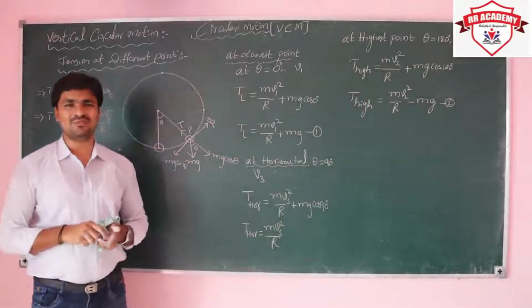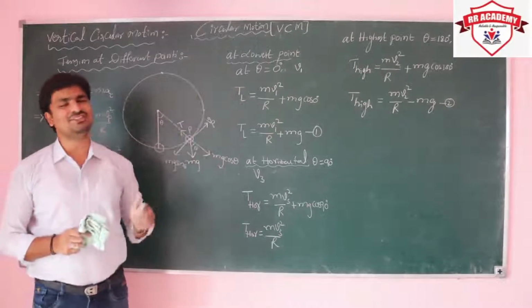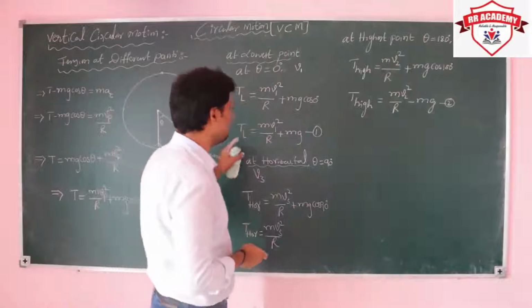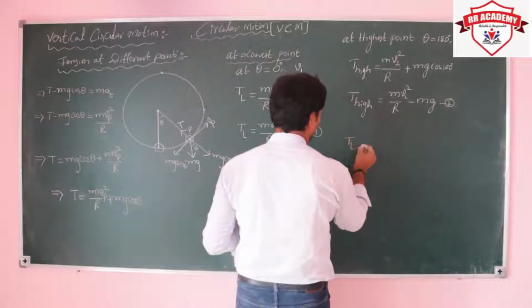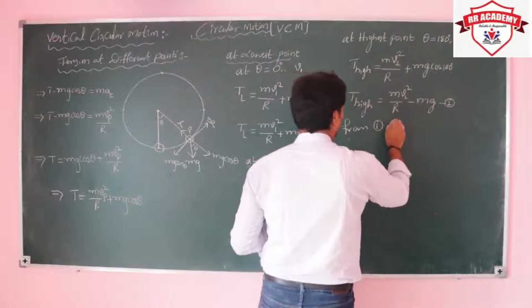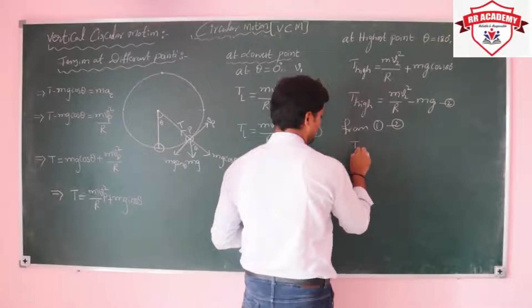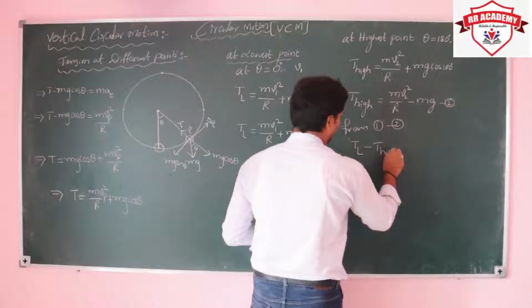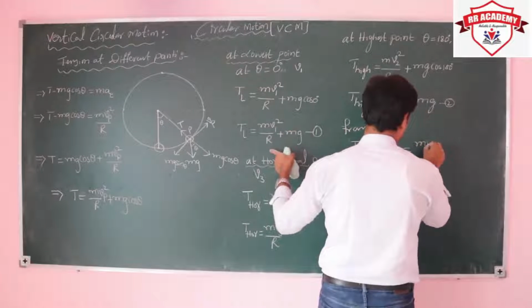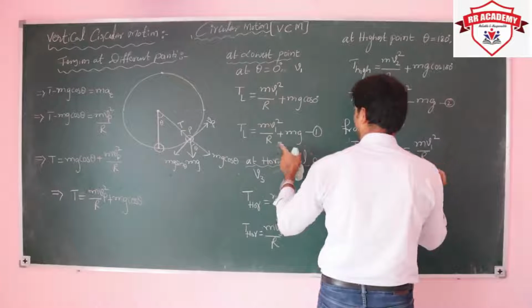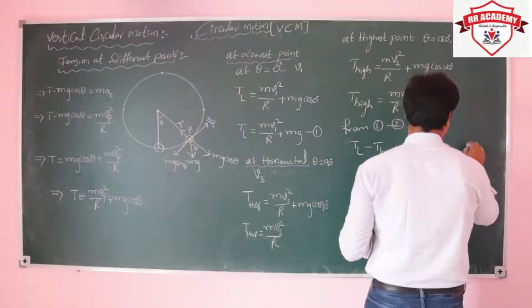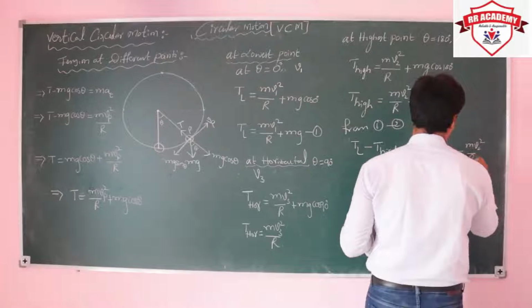Now take the difference between the tension at the lowest point and at the highest point, using expression 1 minus 2. Tension at lowest point minus tension at highest point is equal to mv1 square by r plus mg, minus mv2 square by r minus mg.